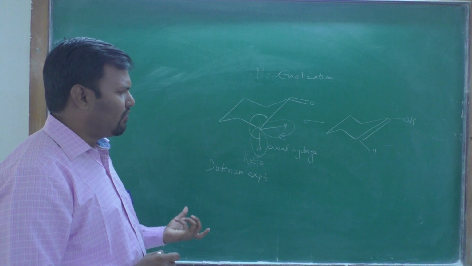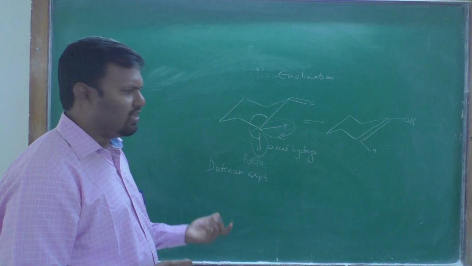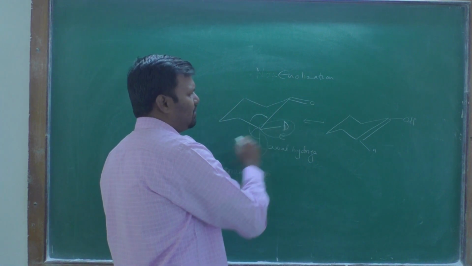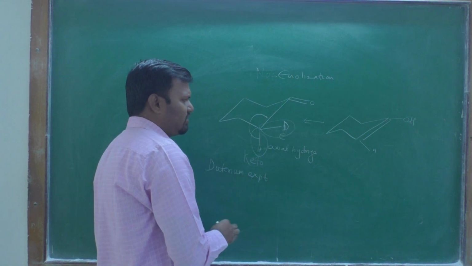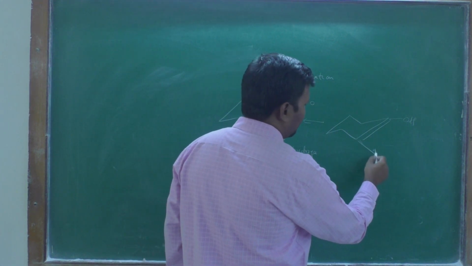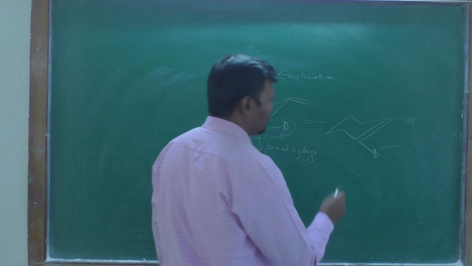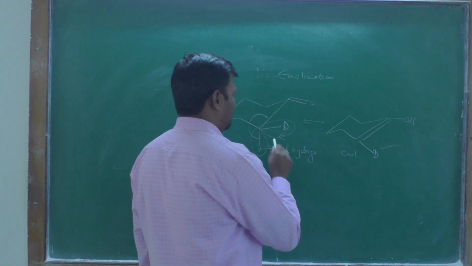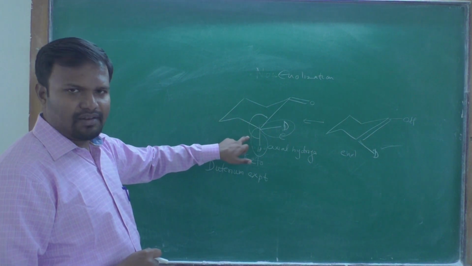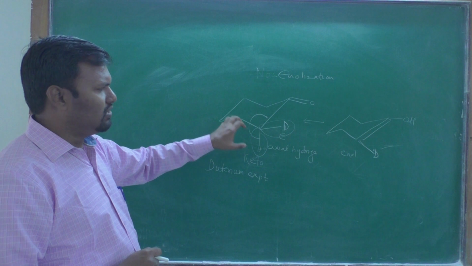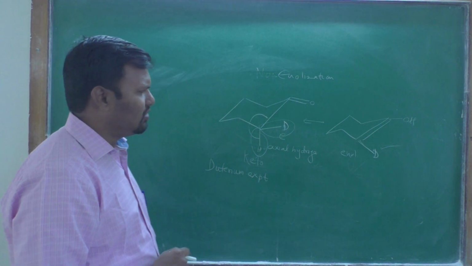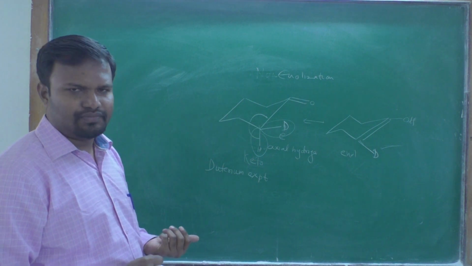If we put deuterium here and hydrogen there, by the deuterium experiment you find that the deuterium remains in the enol compound, hence it proves that the axial hydrogen is mostly picked up for the formation of the enol in a cyclohexanone.